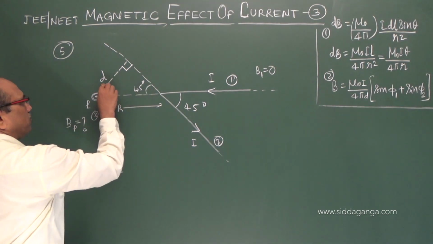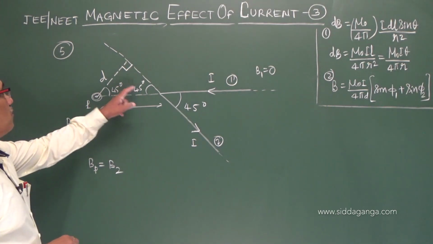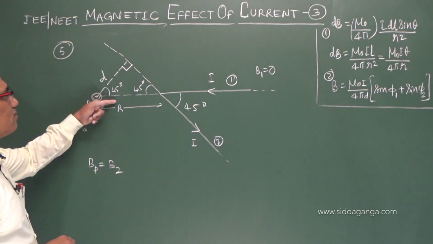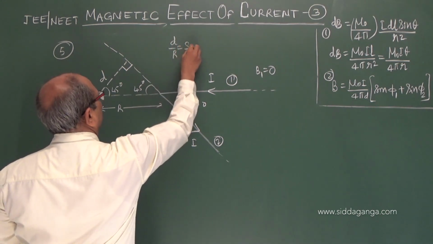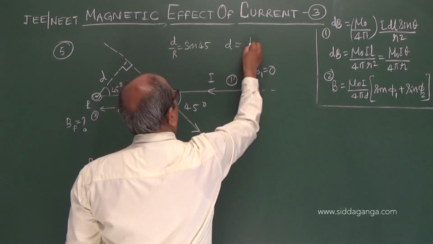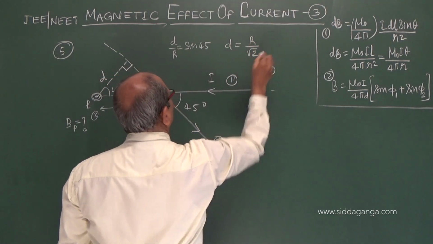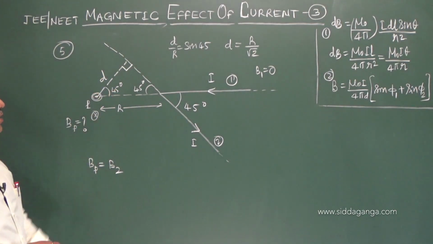Anything can be taken: 45, opposite side by hypotenuse. You can calculate d by r equal to sine 45, or d equal to r by root 2. So we got d.